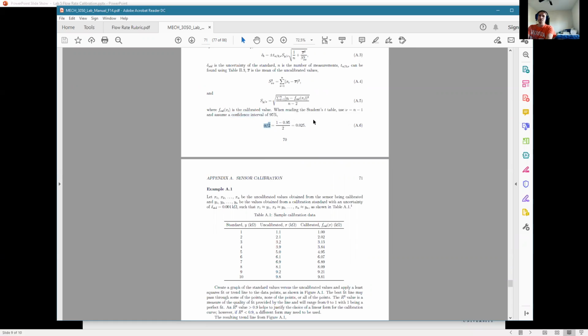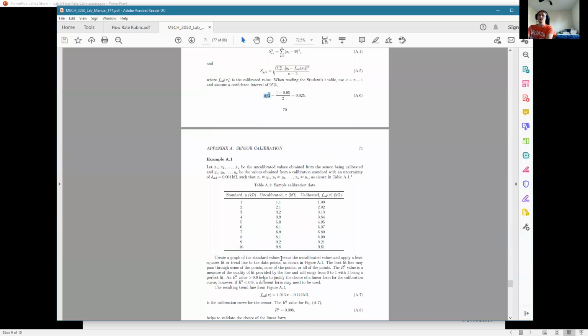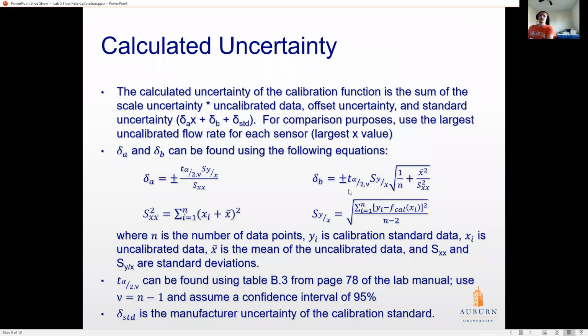Then you'll use your nu, and those 2 points will give you the 2 spots in the table, which is in another appendix. You'll match them up, and it'll give you a number. That's what this T value is in both of these.